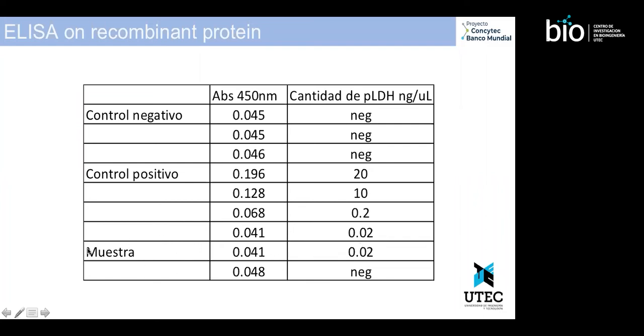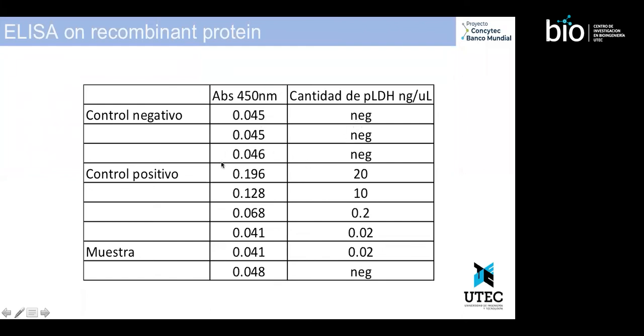In the samples you tried, the sample was at the edge of the detection limit. So there's still some work to be done to get the detection under control. This is at the absorption of 450 nanometer light to do the test.